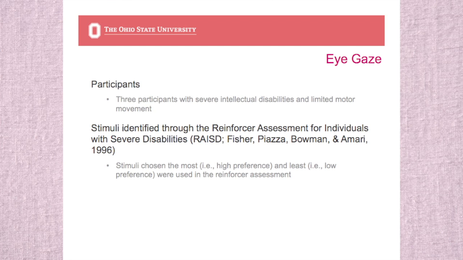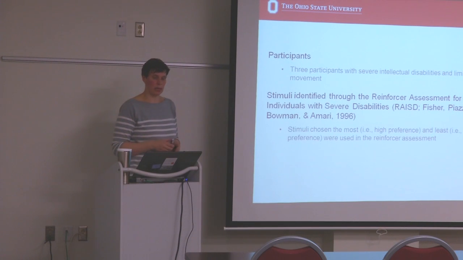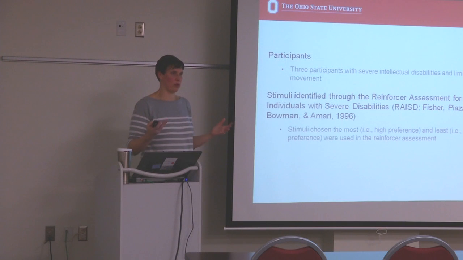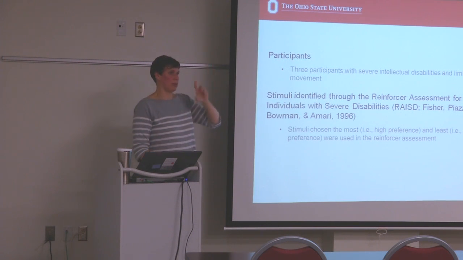stimuli. We talked to their teachers and staff to figure out what kinds of things they might like, and we sent home this survey. It's called the Reinforcer Assessment for Individuals with Severe Disabilities. And if you've never seen this survey, what it does is it breaks out into categories. So what are some things that the student likes to eat?